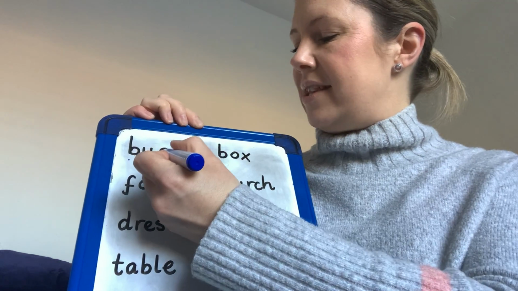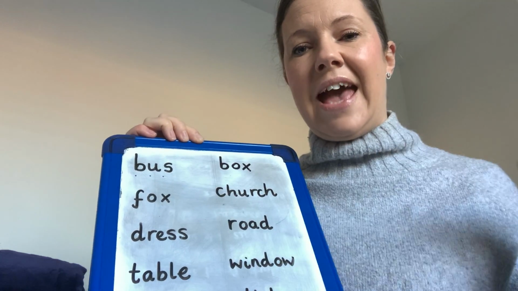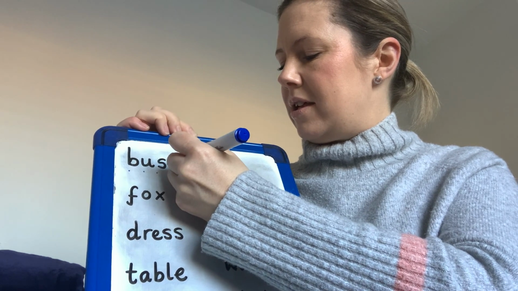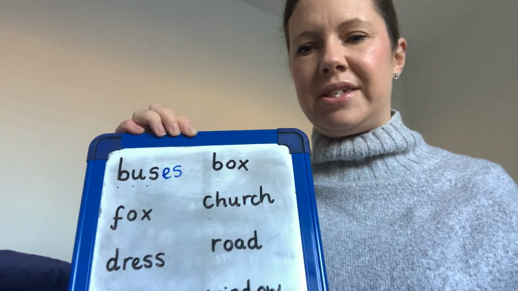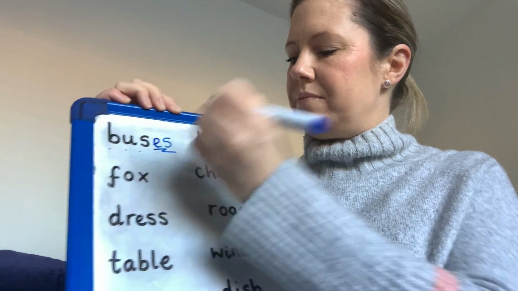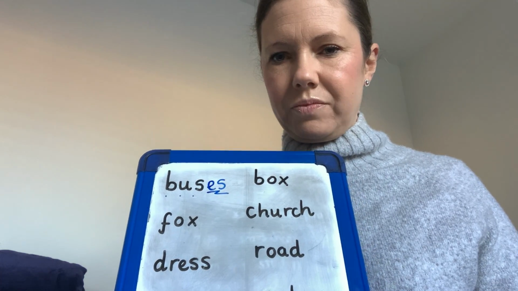Yes, it does. It ends in the s sound. And so that means that the es rule will apply. So to make it say that there is more than one bus, it needs to say buses. Okay, so we've added on our plural there.